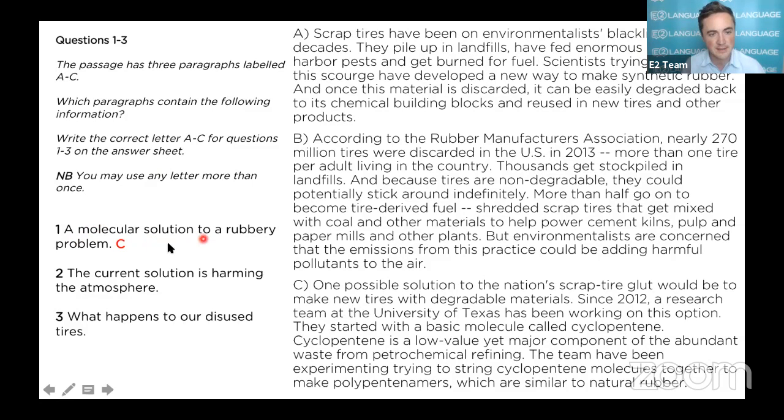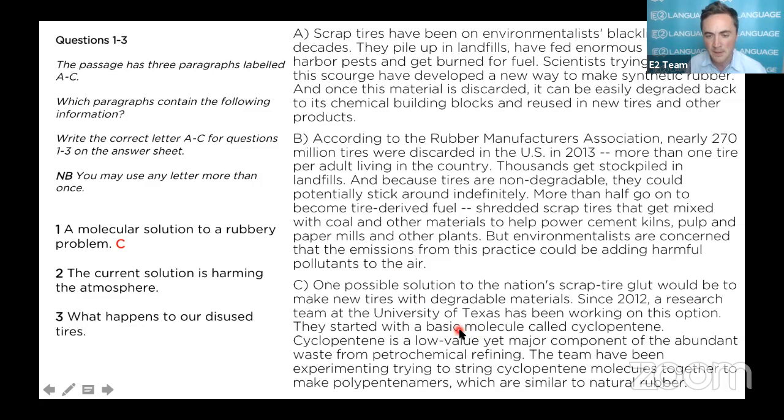A molecular solution to a rubbery problem. Okay, so keywords in the question will be molecular and rubber for me. This one is not matching headings. Matching headings is the first sentence. This one you need to read a bit deeper. You're using your scanning and thinking about molecular and rubber.